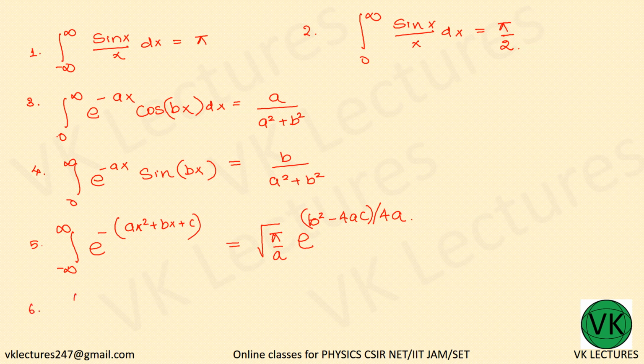Sixth one, integral from minus infinity to plus infinity e to the power minus ax squared into cos bx equal to root of pi by a e to the power minus b square divided by 4a.